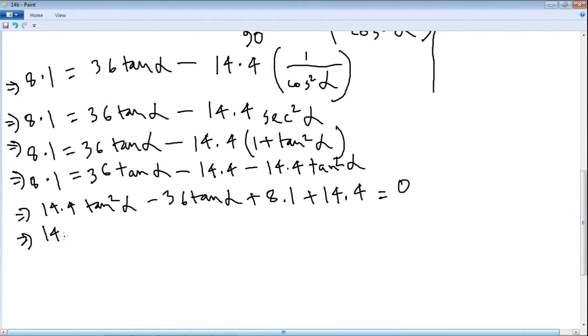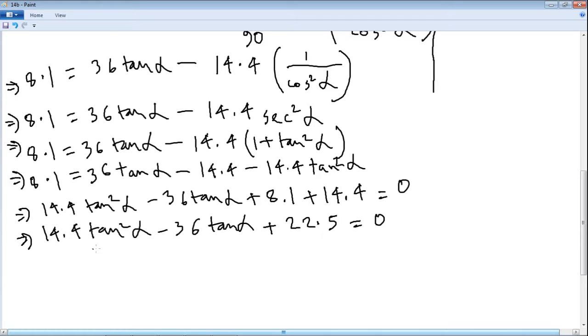So what we get here is tan squared alpha minus 36 tan alpha, and if we add, we get 22.5.